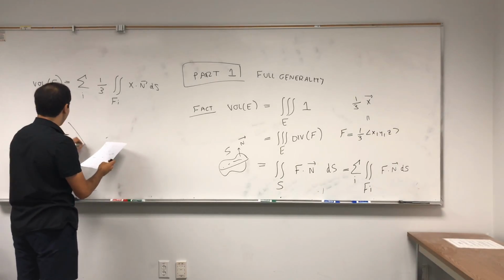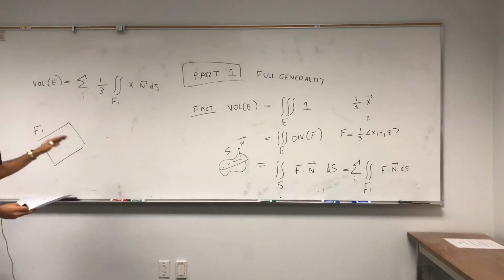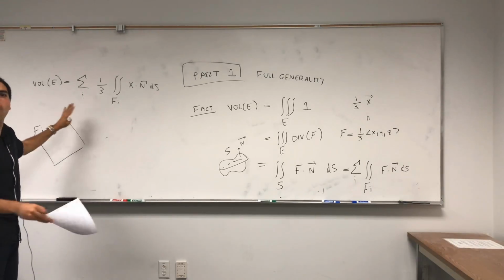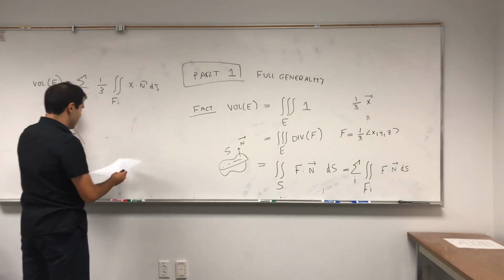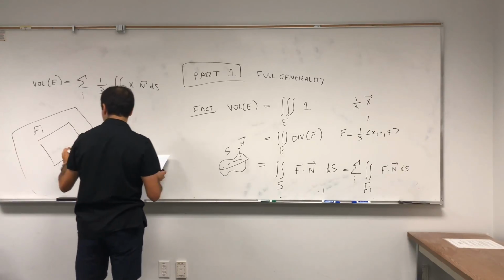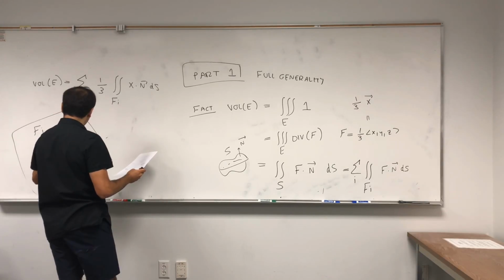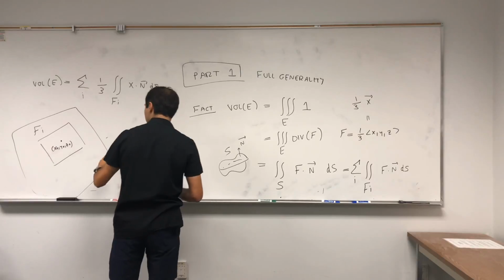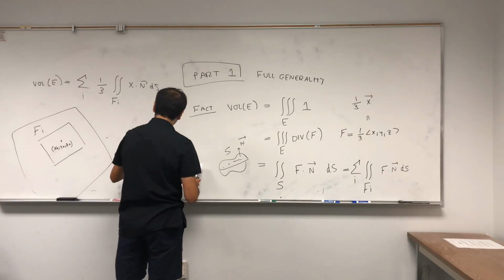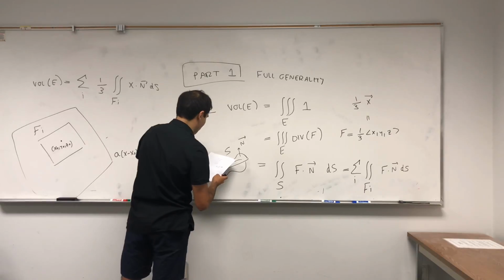Suppose you have the face F_i. Because it's a polyhedron, the face is a polygon, which is coplanar, so it's included in a plane. Suppose this is a point (x0, y0, z0), and suppose the plane has the equation a(x - x0) + b(y - y0) + c(z - z0) = 0.